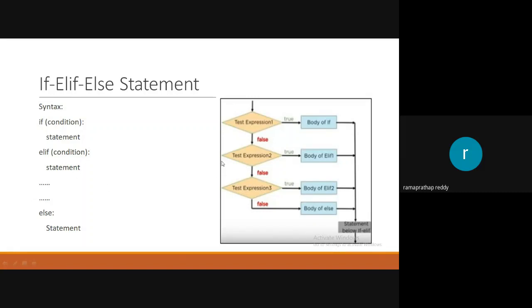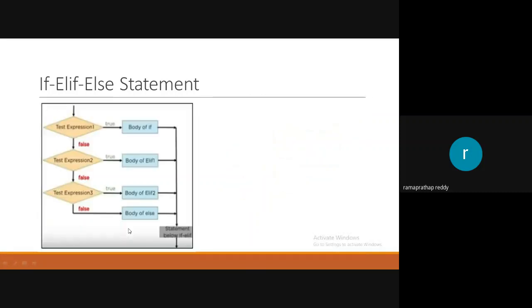Whenever a condition is false and we want to immediately check another condition, we prefer to use the elif statement. At the end we use the else block, after completion of all the elifs. This is the normal else. We will see the use of this else statement with an example.